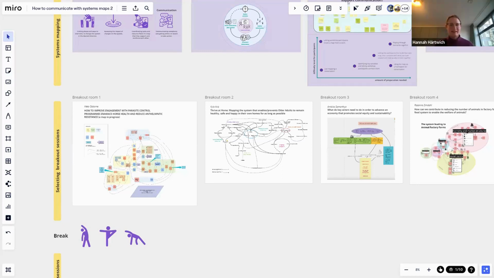Yeah, I do think the map can live on, but of course by giving the context of, okay, this was produced within this time frame, based on the inputs from these people, and these are the insights that we gained from within that process.